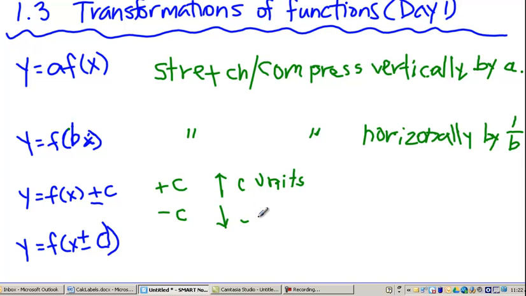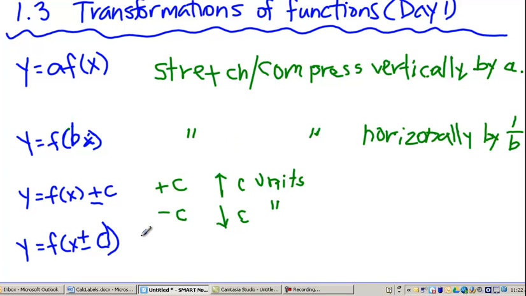Now, again, you're probably thinking, well, that's pretty obvious, but on the bottom one, you're going to see why it's not. So you're going to go down C units. It's a lot like your y-intercept when you're talking about a linear equation.